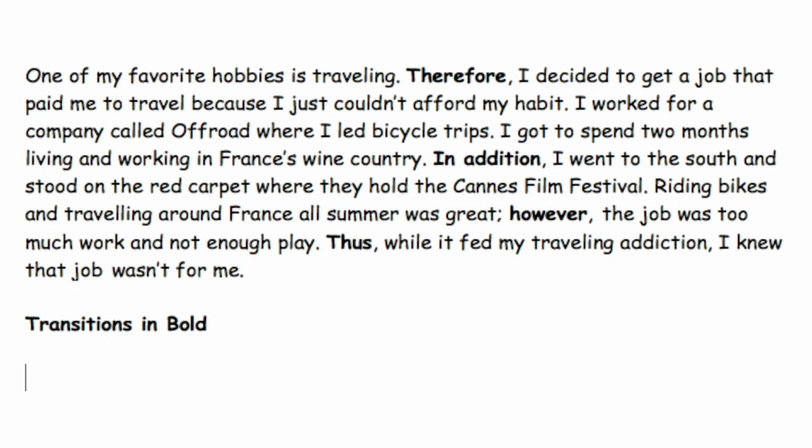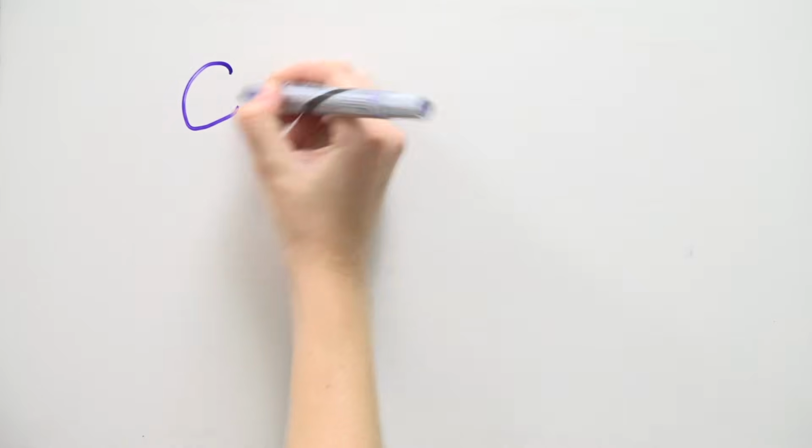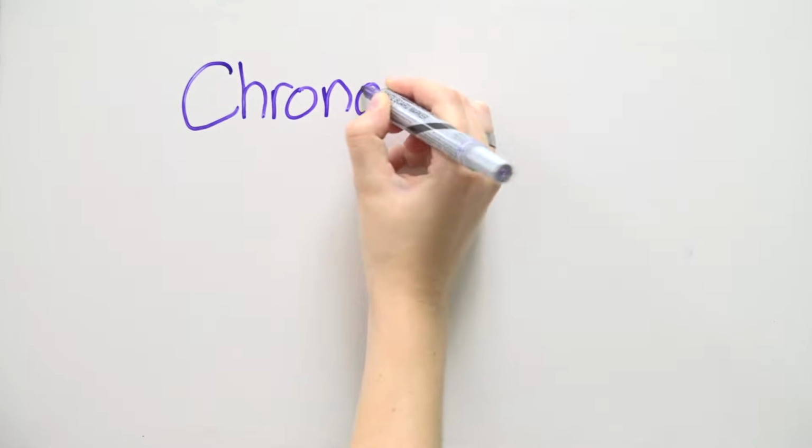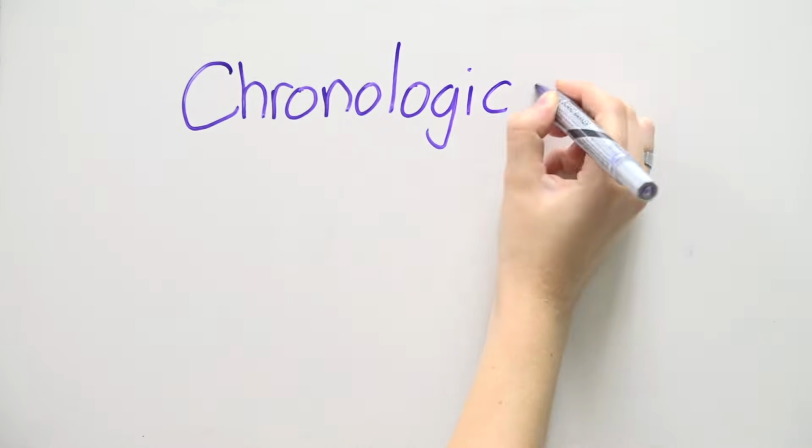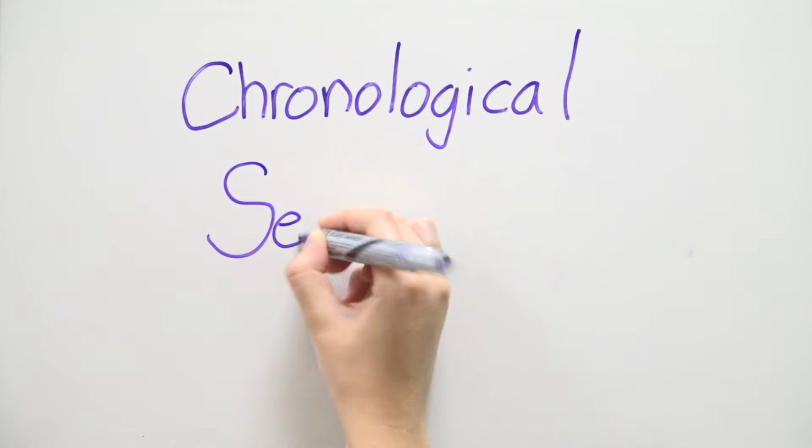With words like therefore to show the cause and effect relationship between the speaker's hobby and his decision to work for his company, we make the whole paragraph more cohesive, as well as making it sound more fluent. In other pieces of writing, you will need not only to show how your ideas connect to each other, but what order they will be presented in.